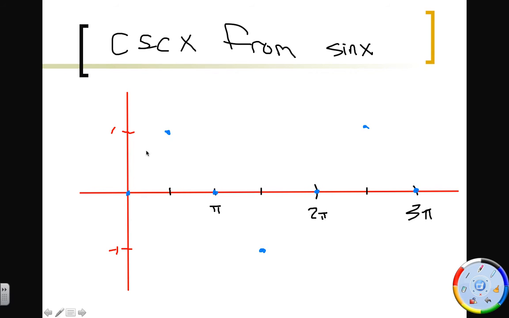You do not need to draw in sine. What I did was the main 5 points are going to help me graph cosecant. Because from those statements that I gave earlier, everywhere that sine crosses the middle line, which in this case is the x-axis, it creates an asymptote for cosecant. So every time I cross the x-axis here, in this example, is an asymptote.